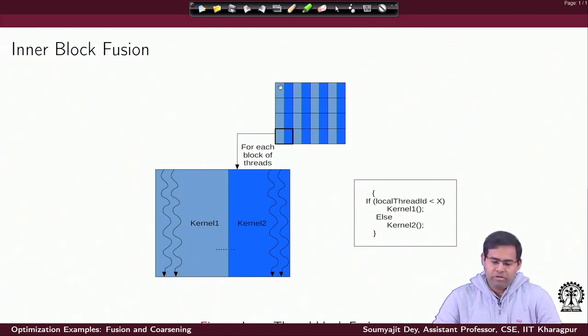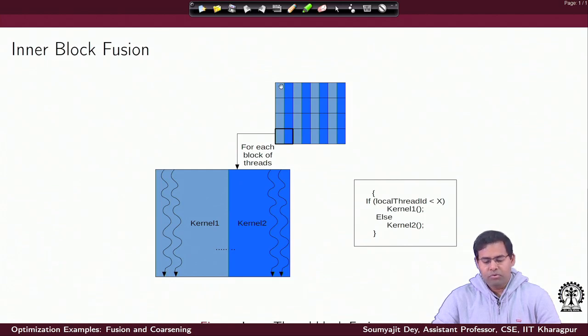These shaded areas represent activities for the individual kernels. This is my space containing the different launched threads, and this granularity shows the blocks in the new fused kernel, where this represents the original block size for kernel 1, and this is for kernel 2, and together they form the new block for the fused kernel.